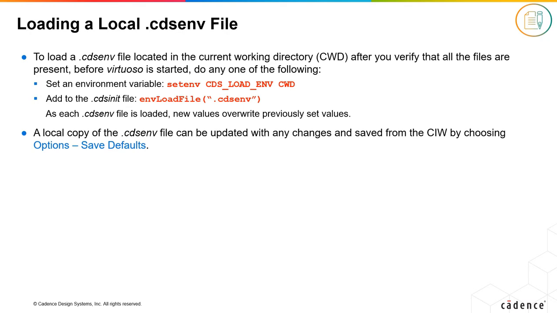You can also use the Options menu from the CIW and choose Save Defaults to save any changes, and then update the local .cdsenv copy. And do remember that as each .cdsenv file is loaded, new values overwrite any previously set values.